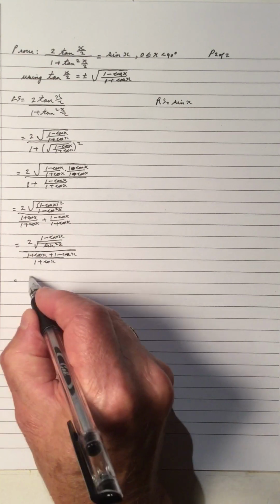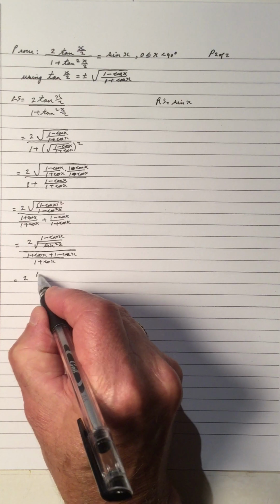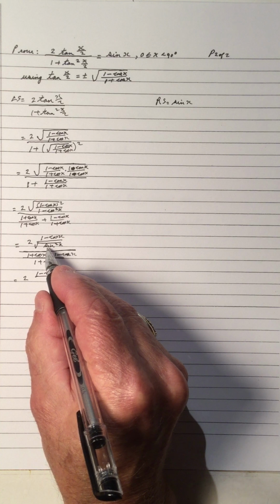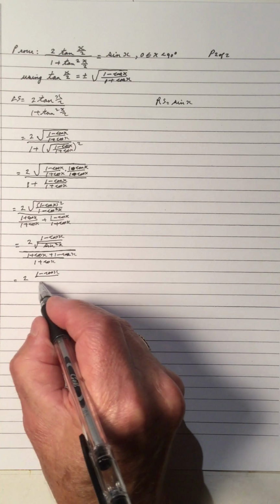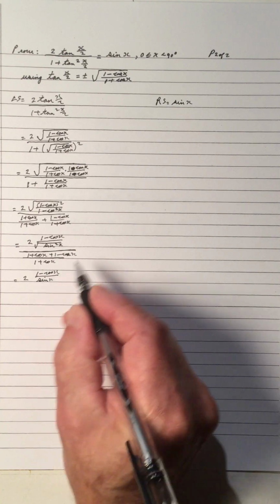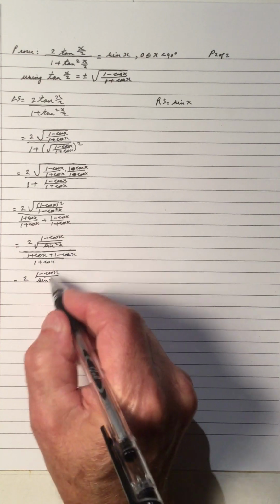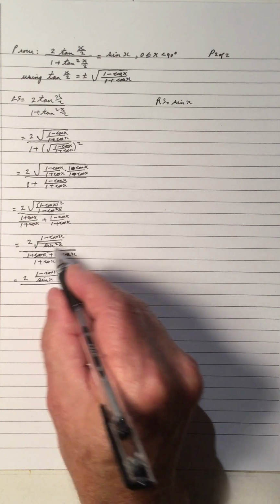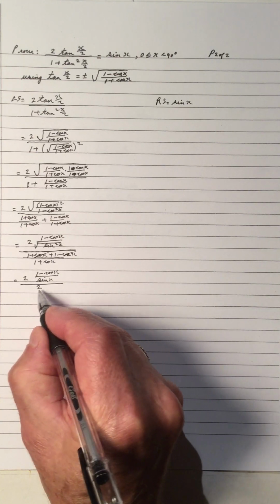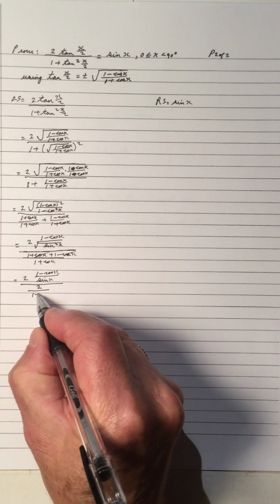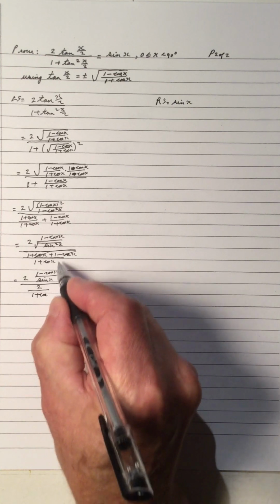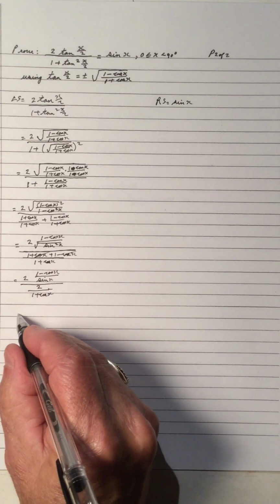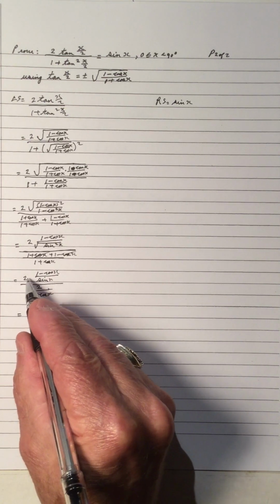So let's continue. We've got a 2, 1 minus cos x, and the square root of sine squared x is just sine x, all over, and we add these together, the cos cancels out, so we get 2 over 1 plus, oh, that's a cosine, cos x.